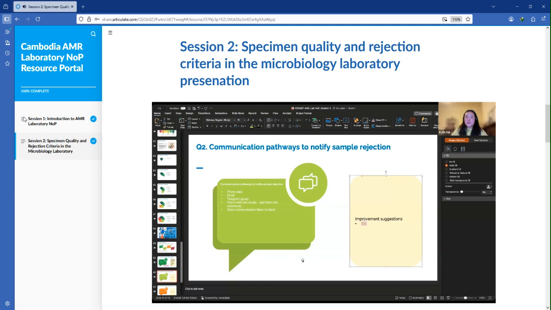Okay, are there any key specimen collection issues that the laboratory is currently facing? So we know about our sample types, but is there something that keeps coming up? So, for example, for blood cultures, the collectors are constantly underfilling the blood culture bottles.